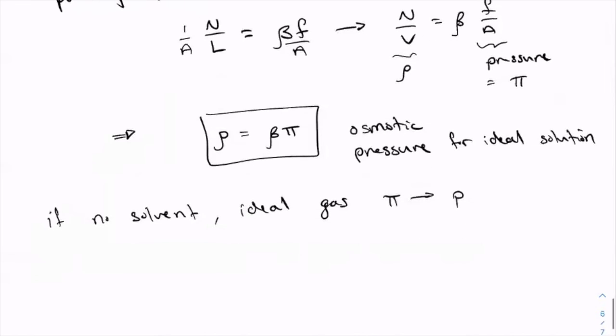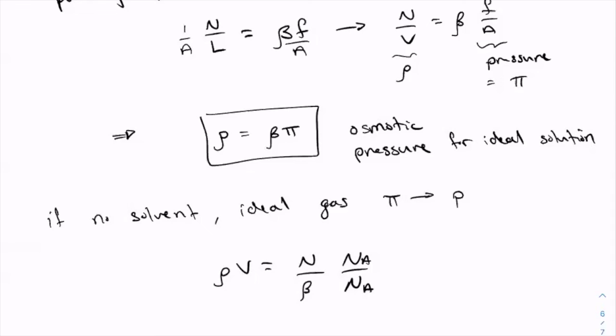So what have I just found? Another way to write what I've just discovered is rho times V. Well, rho is N over beta. I could write N not in terms of number of molecules, but in terms of number of moles.